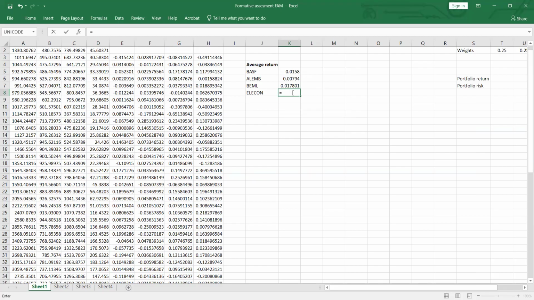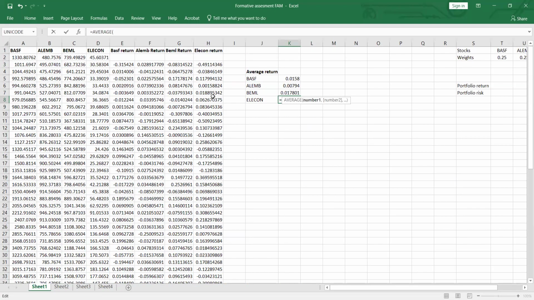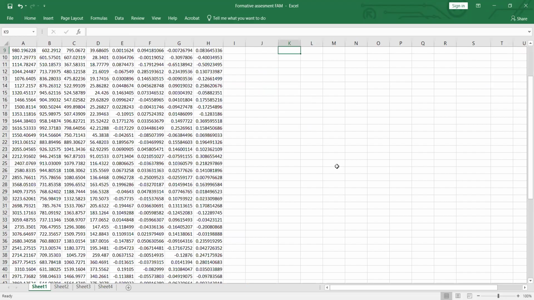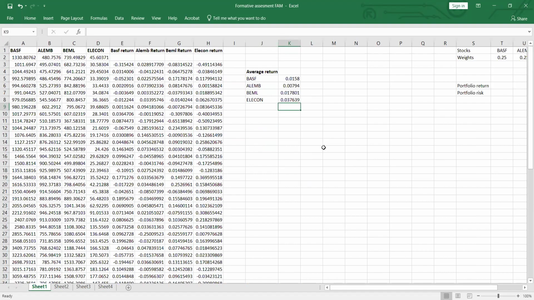Now we calculate the same for Elecon. So this is the average return of each of the stocks.